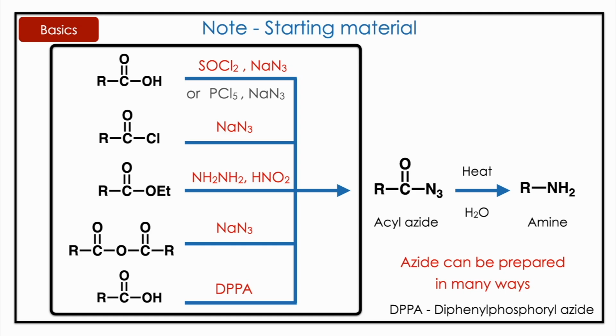If you start with an anhydride reacting with sodium azide, you end up with acyl azide. If you use DPPA with acid, DPPA is diphenyl phosphoryl azide, it converts to acyl azide. So five kinds of different starting material are known, and definitely many more; here I gave the prominent ones. Then the regular rearrangement happens and you end up with amine.